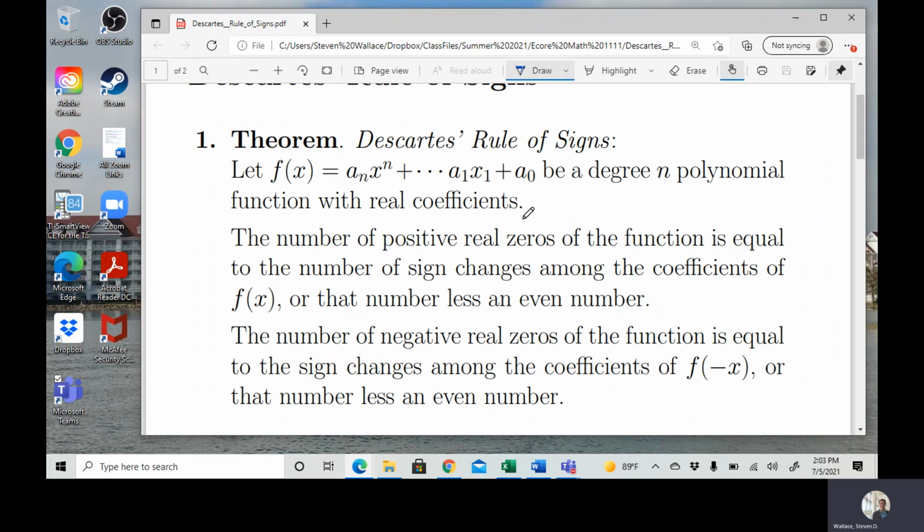So if, for example, n were 5 and there were 5 sign changes, then I could have all 5 of the zeros be positive real zeros, or 3 or 1, because 5 minus 2 is 3, 3 minus 2 is 1, right? So if there are 4 sign changes among these, then I could have 4, 2, or 0.